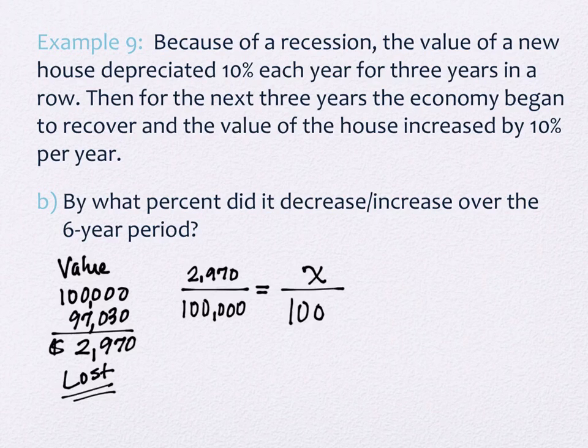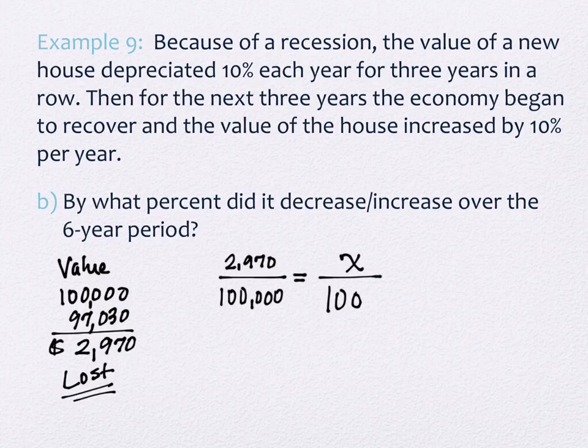So yeah, if I didn't use a $100,000 house, I wouldn't have the $2,970. I'd have some other version of the value, but my proportion would still set up to be a ratio of those two values. And when I cross multiply, I get 100,000x equals 297,000, 2 more zeros.